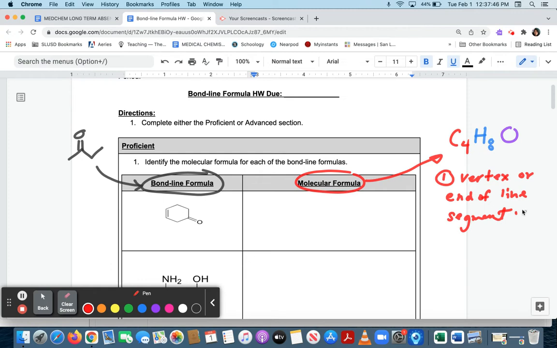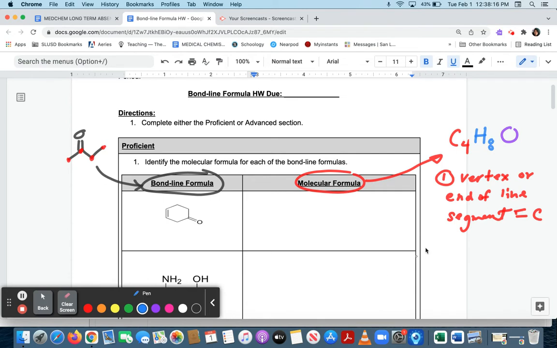Right, so what I mean by that is that at every single corner, right, here's a corner here, here's another corner or a vertex, that's where the carbons are hidden. If there's already an element here at the end, there's no carbon there, the space is being taken up by oxygen. Additionally, at the end of a line segment, so here and here, there are also carbons. So that's how I figured out there are 4 carbons.